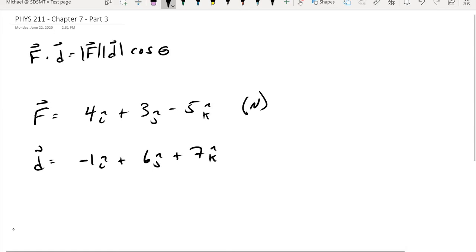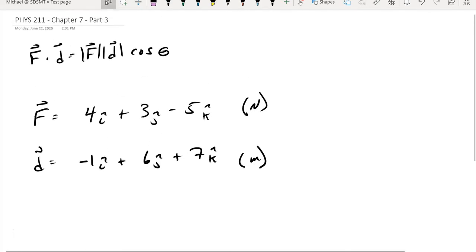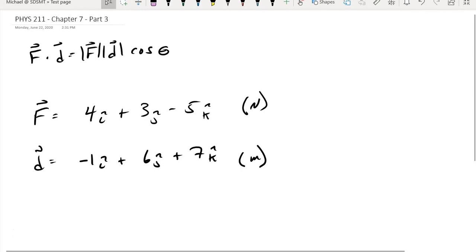So we'll say that our force vector has XYZ components as shown, and our displacement vector has XYZ components as shown. And we'd like to know how much work is done by this force as we displace over that displacement vector. And our means of evaluating says if you know the magnitude and angle, you can do that.